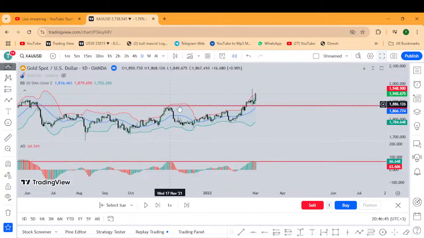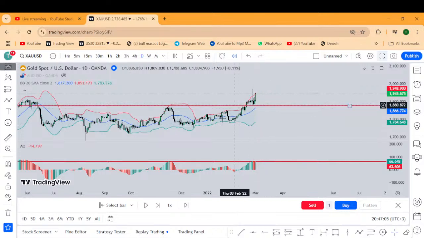It will say this is my resistance which is broken. Each time the market breaks the resistance, it has to pull back to create for it a support. And each time support is broken, the market has to pull back to create for that support a resistance. Simple. Don't use those hard terms. Now, here is the case.